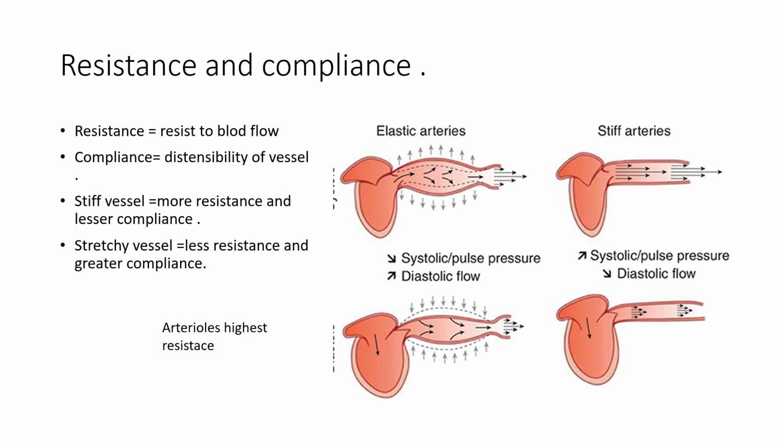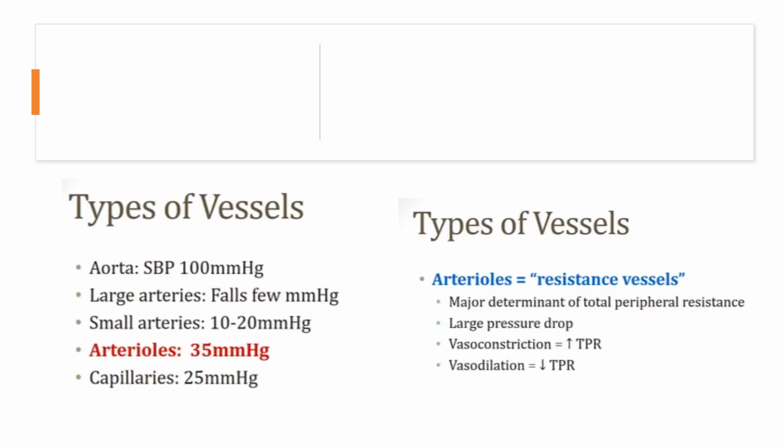You should know that arterioles have the highest resistance. Arterioles are a kind of arteries. We have five types of vessels: aorta, large arteries, small arteries, arterioles, and capillaries. Out of these, you should only know that when the blood passes through the arterioles, the fall in the BP is very high, around 35 mm of Hg, and this is very important.